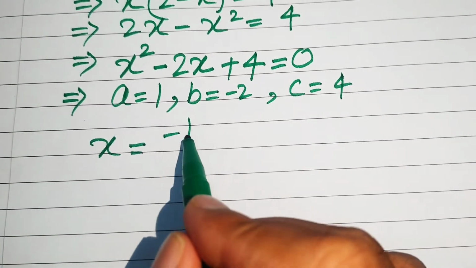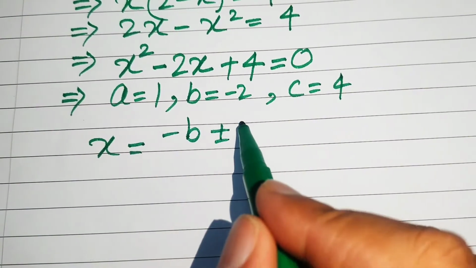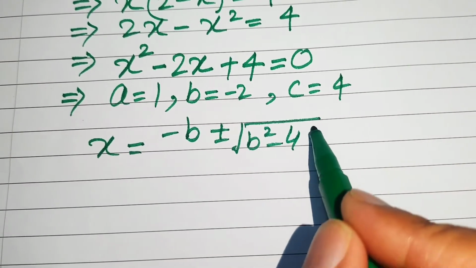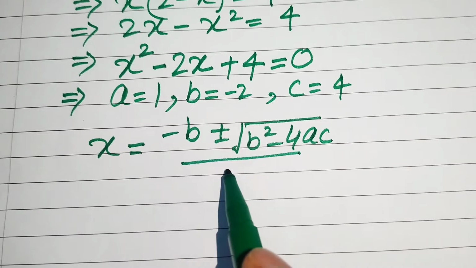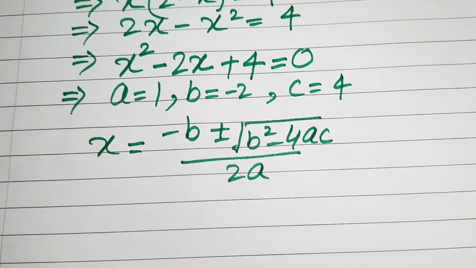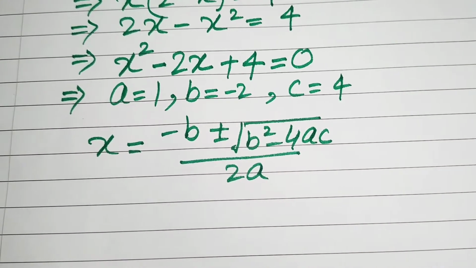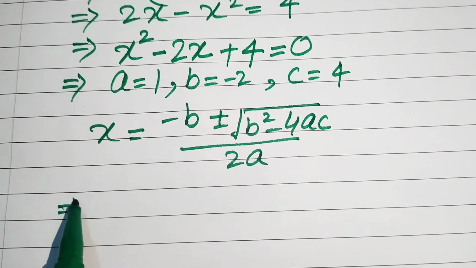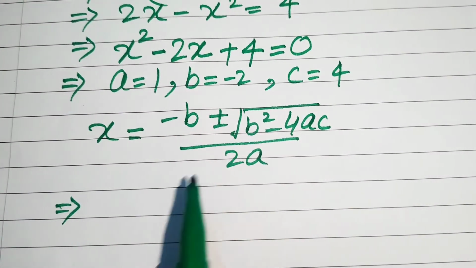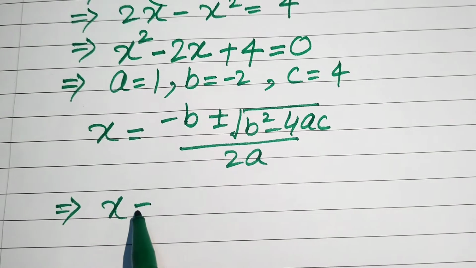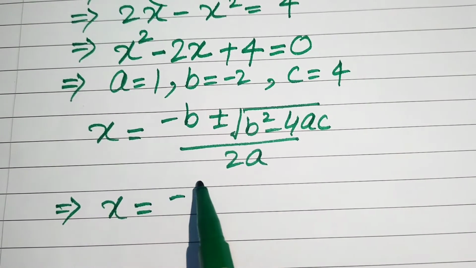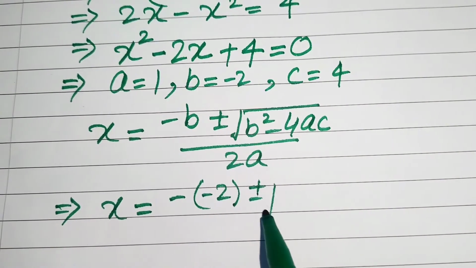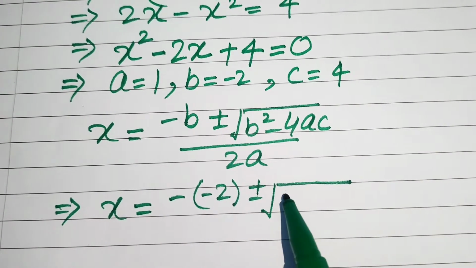It is stated as x equals minus b plus minus square root of b square minus 4 times ac, divided by 2 times a. So this is our nice quadratic formula, and now we substitute all the values of a, b and c here, and it will be written as x equals minus b, and our b is minus 2, plus minus square root of b square.